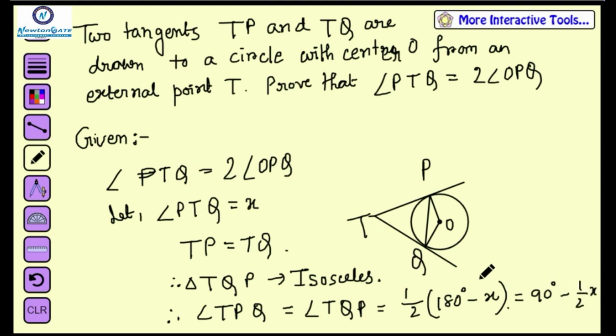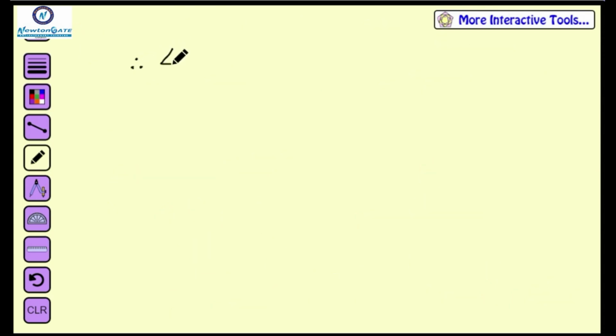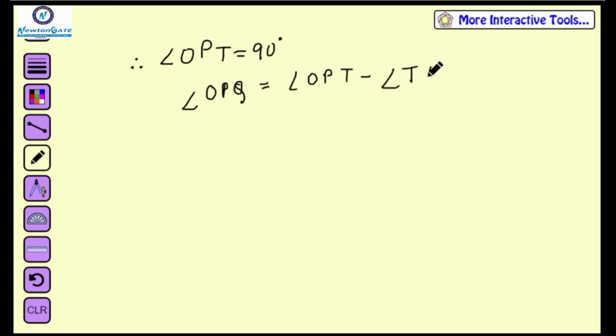Also we know that the tangent at any point of a circle is perpendicular to the radius through the point of contact. Therefore, we write angle OPT equals 90 degrees. So angle OPQ equals angle OPT minus angle TPQ.